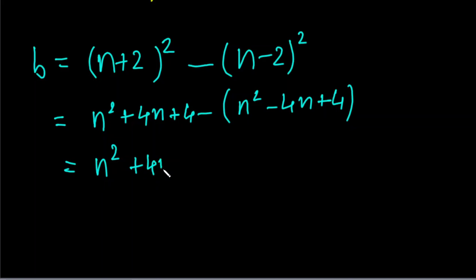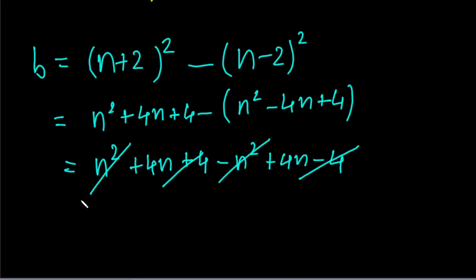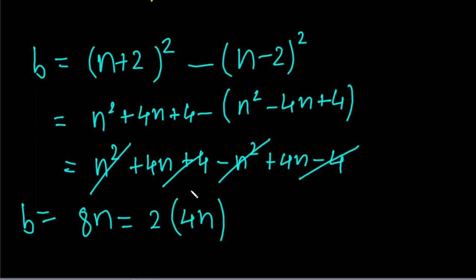That's actually a good practice in mathematics always. So we are left with b is equal to 8 times n. And 8 times n is again twice 4 times n. And we know that 4 times n is a multiple of 4, which cannot exist in our solution set. So b also cannot exist in our solution set.